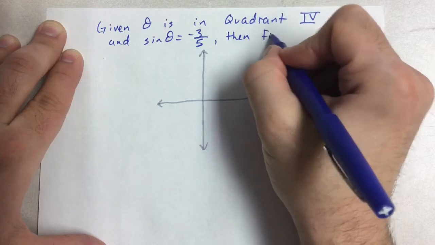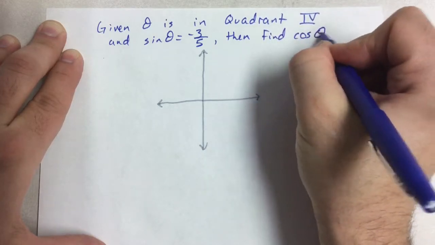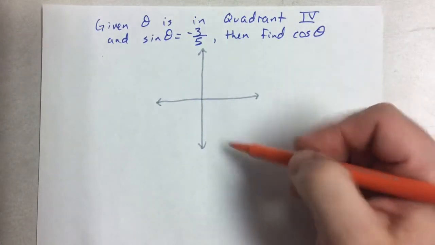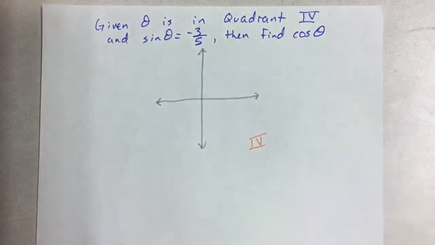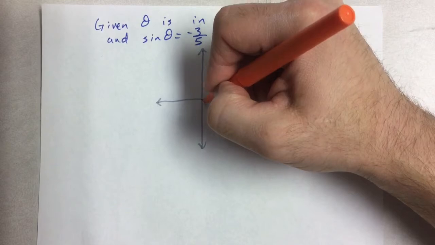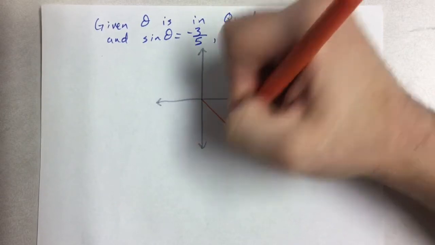Then find cosine of theta. All right, so a couple of things here that are good to know. We're in quadrant 4, and we don't know exactly what our point is, and that's okay.